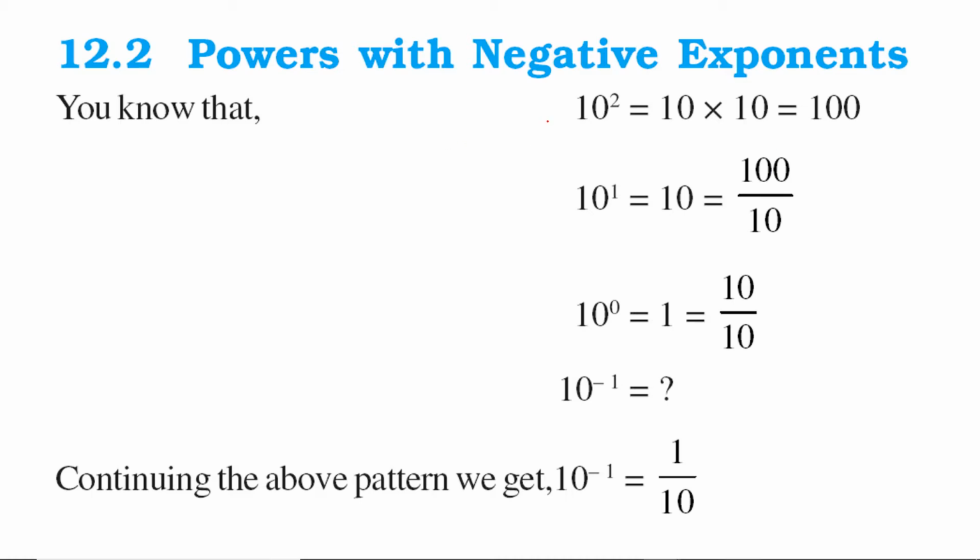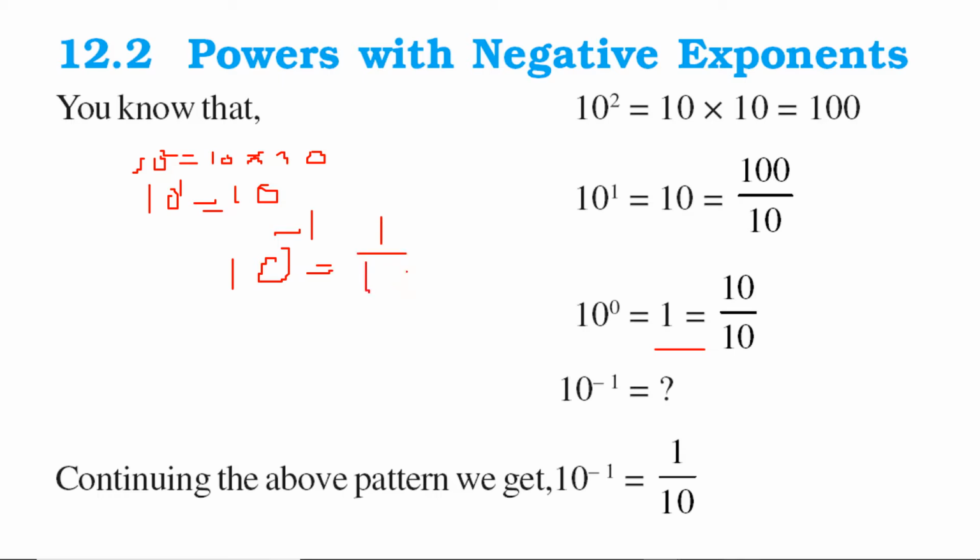So when a power comes with a negative exponent, take 10 square. 10 square is what? 10 square is 10 into 10. 10 to the power 1 is what? 10. So what is 10 to the power 0? It's 1. But how about 10 to the power minus 1? It is nothing but 1 by 10 to the power 1.